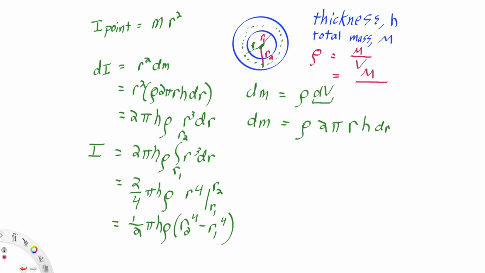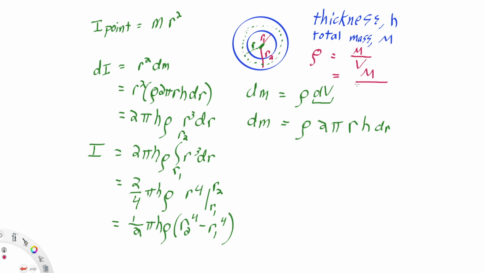Josue, what's the volume of a cylinder? Pi r squared h. That's exactly right.